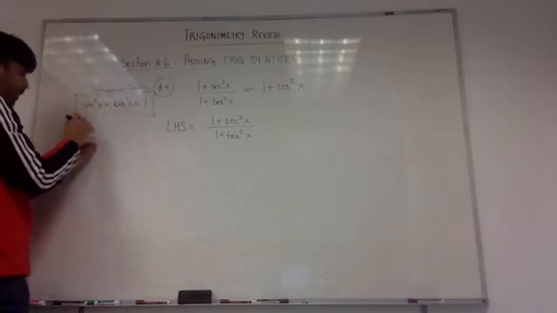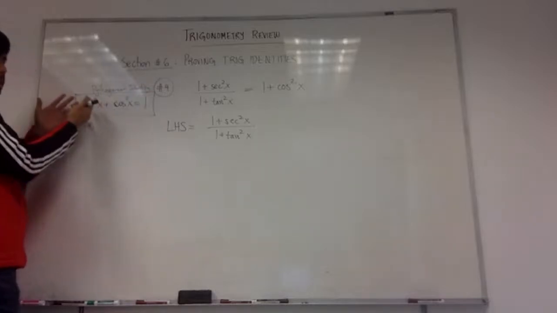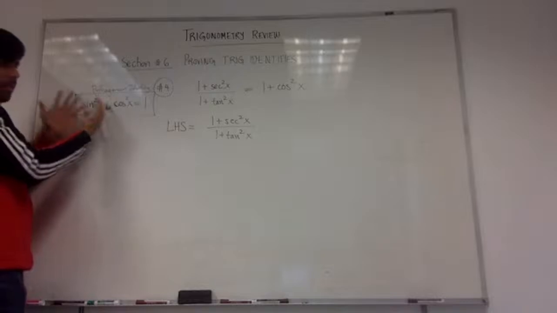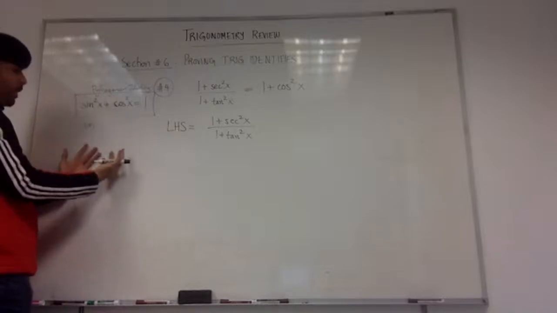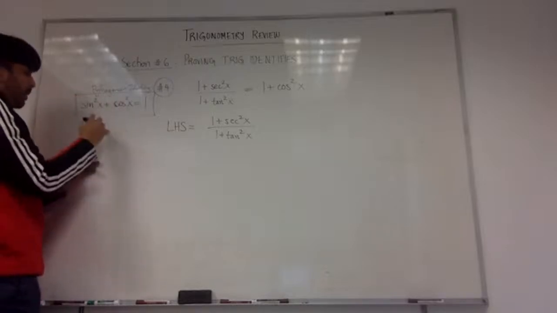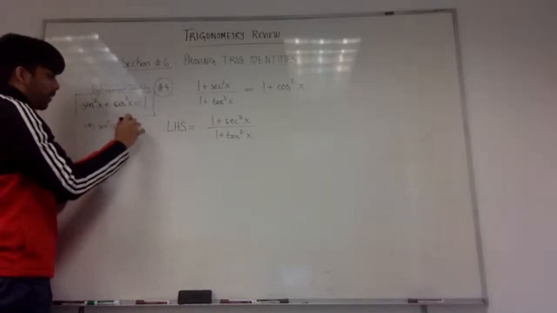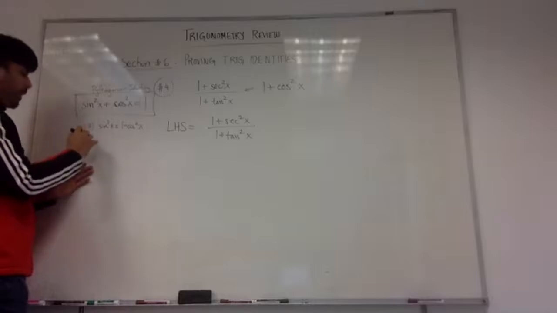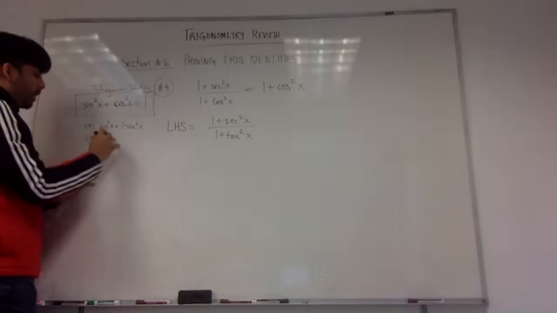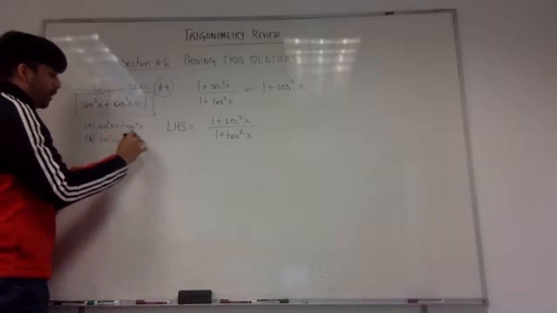From here, you can think of this as like a father or a mother, and these are like the offspring. This produces sine squared x equals 1 minus cosine squared x. And the other one that comes out of this is cosine squared x equals 1 minus sine squared x.